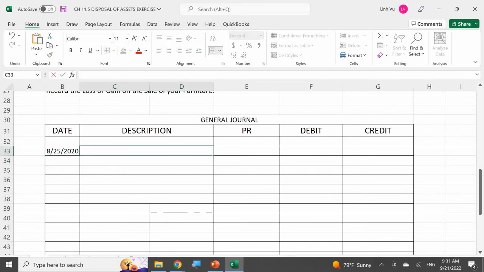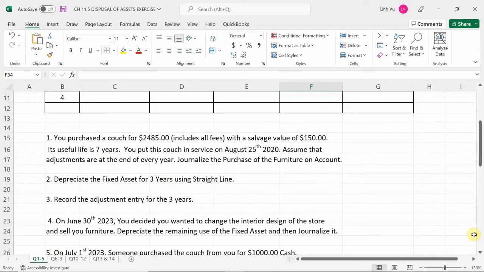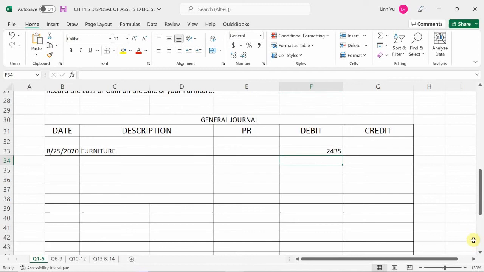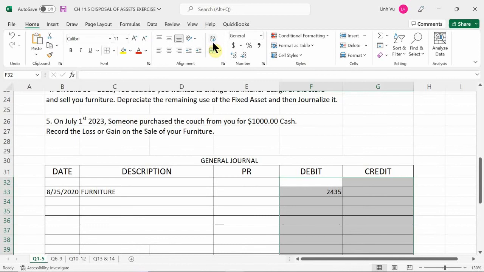A couch is considered furniture, for $2,485.